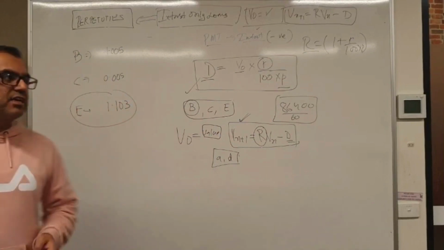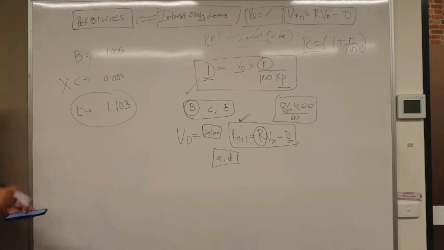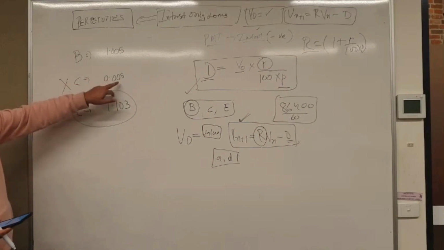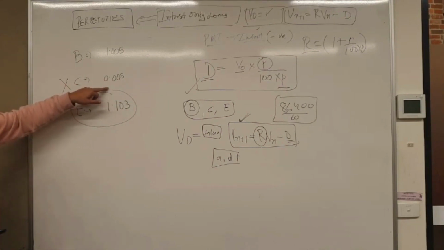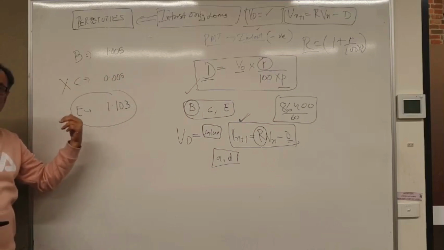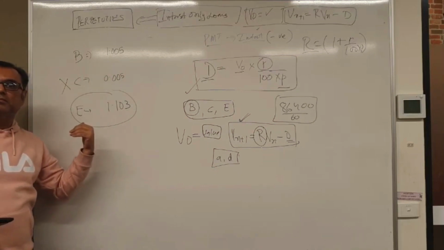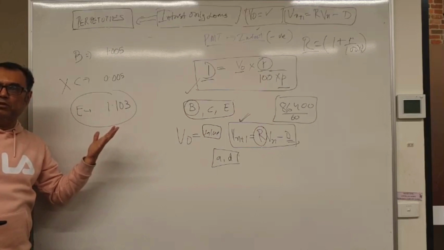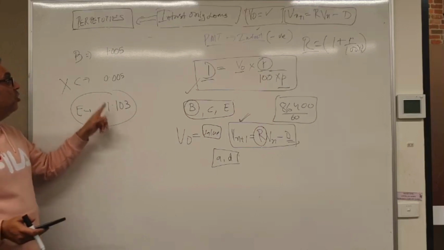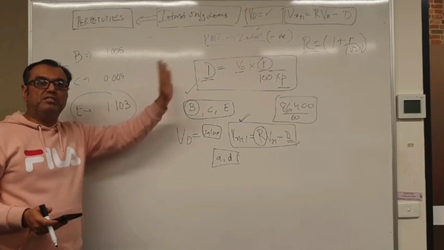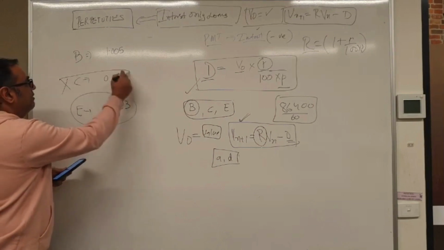C is a clear rule out, because this is a decreasing interest rate. If it's gone underneath 1, that means it's depreciation. Perpetuity is an investment product, so your R value will always be 1 point something. So even C is gone.